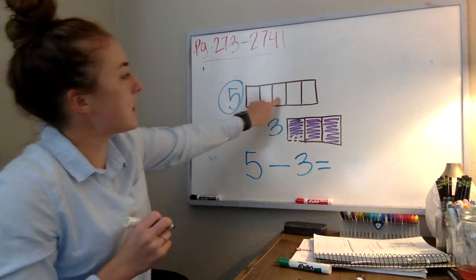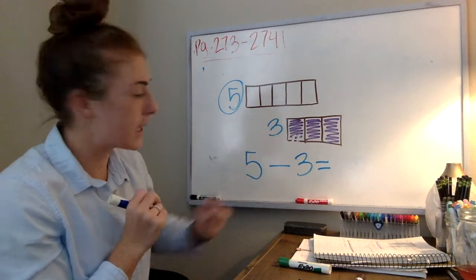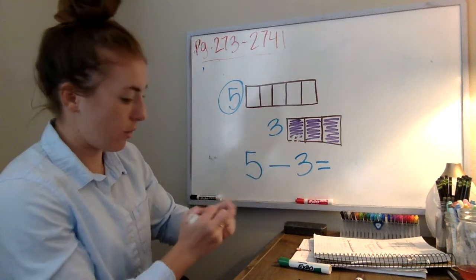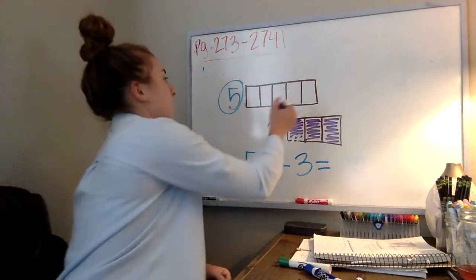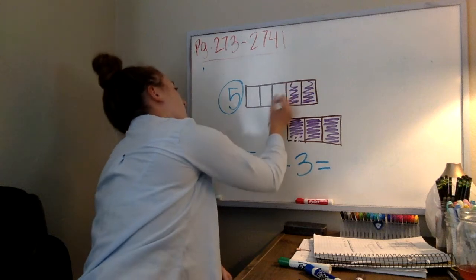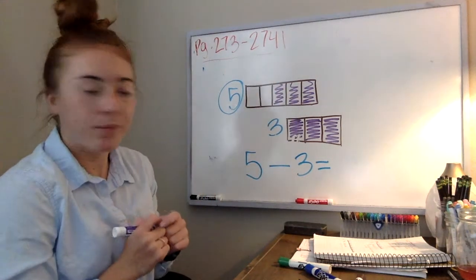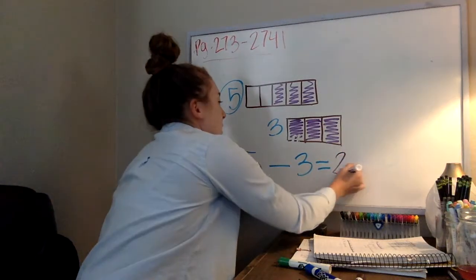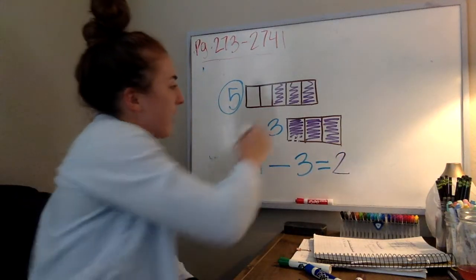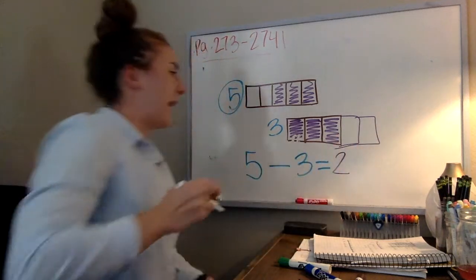So we're going to use this rectangle and we're going to cross out. How many are we going to cross out? 3. 1, 2, 3. How many do I have left over? 2. You're right. So I would need to add 2 more boxes to make it the same length.